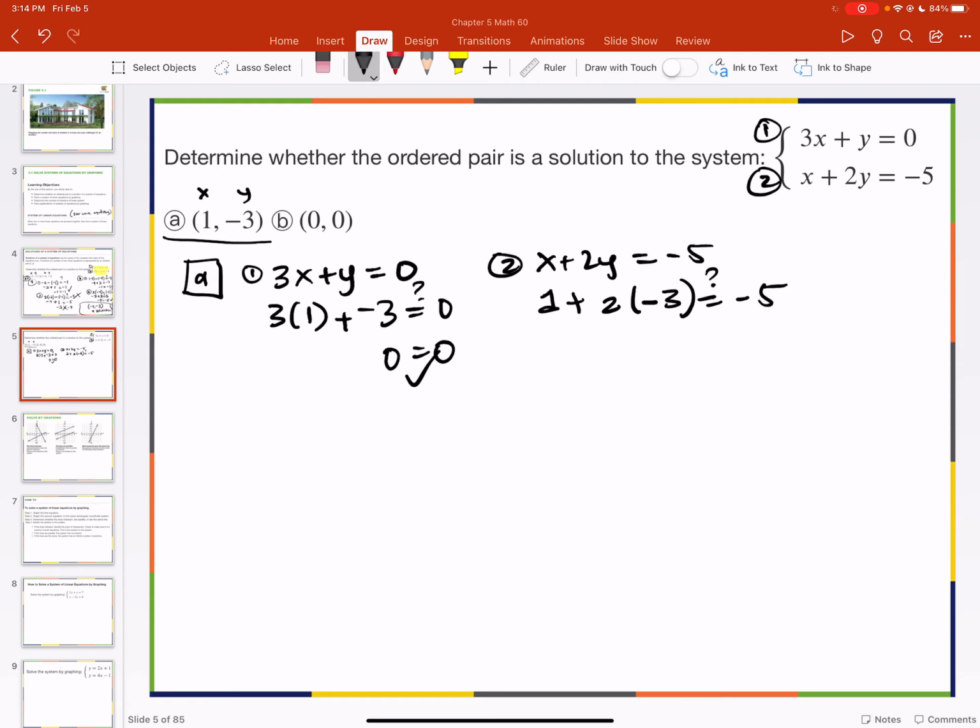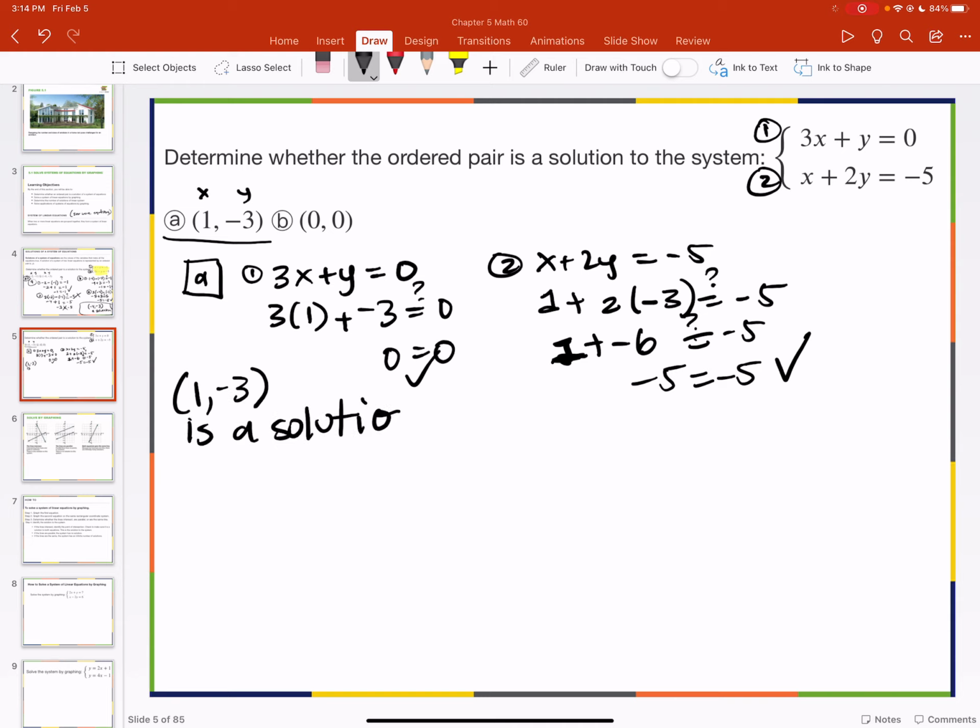That's what we're asking. So 1 minus 6, is that equal to -5? 1 plus -6, same as 1 minus 6, is yes, that's -5. Great. So A is a solution. So (1, -3) is a solution.